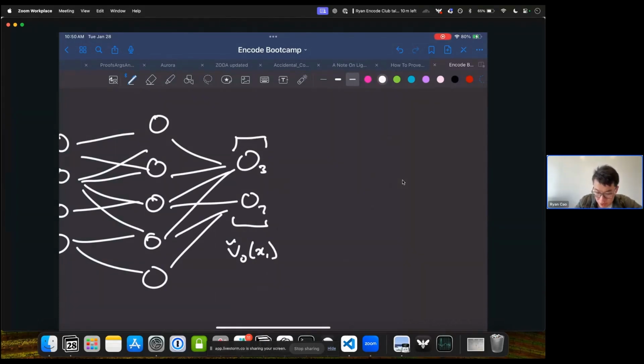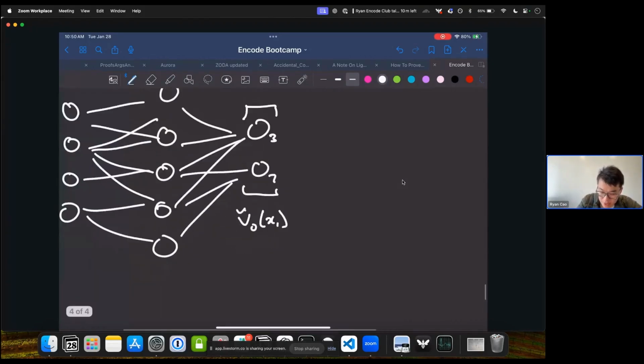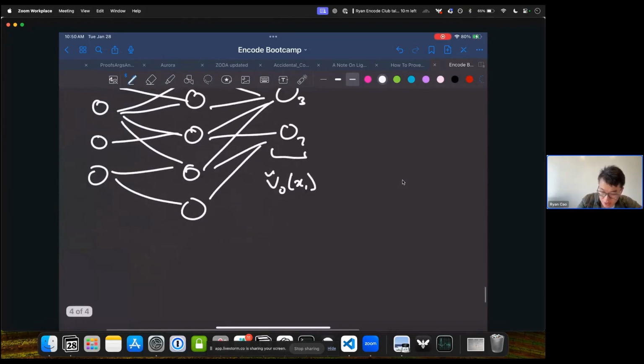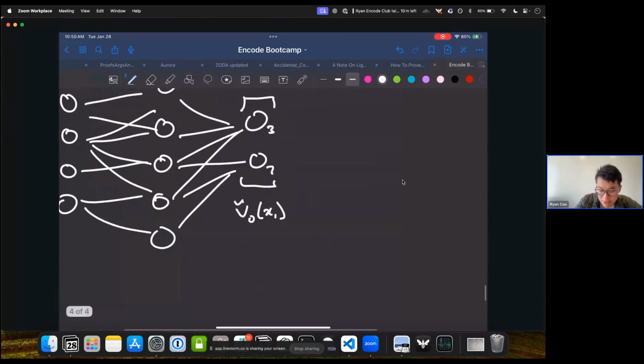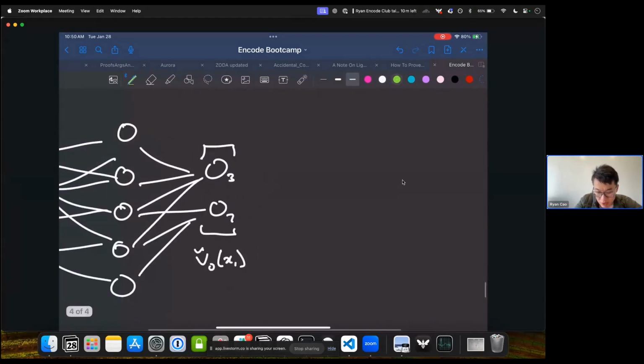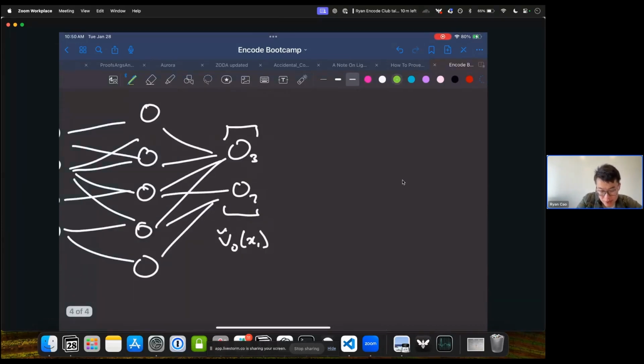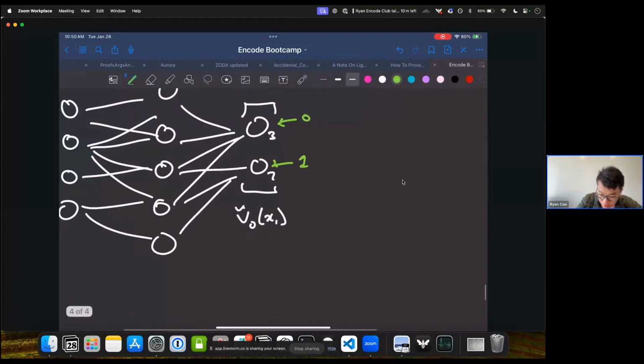If we wanted to encode this vector, then one way to do this is to index this vector in a binary fashion. So 3 and 7 are the values in this vector, but let's call the first value 0 and the second value 1. In other words, when I plug in 0 or 1 to v0, I should receive either 3 or 7 respectively.